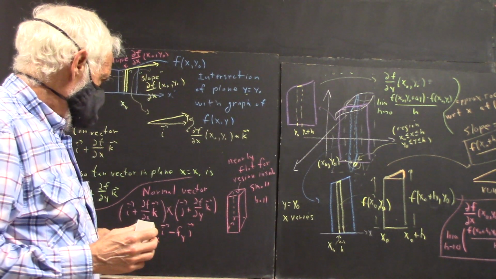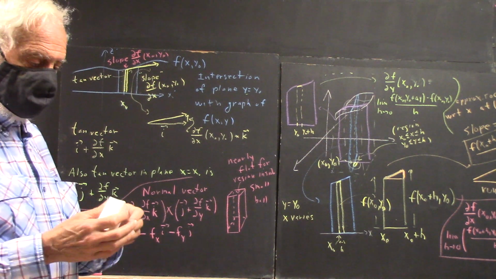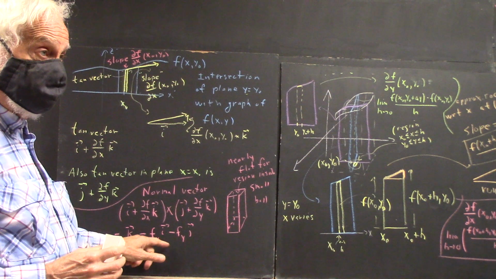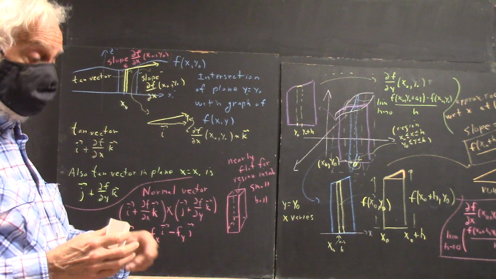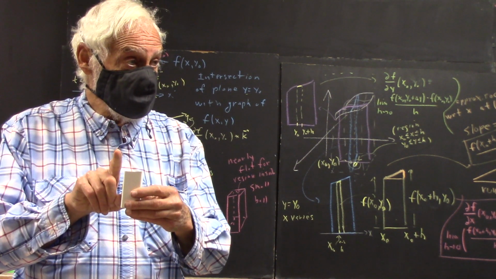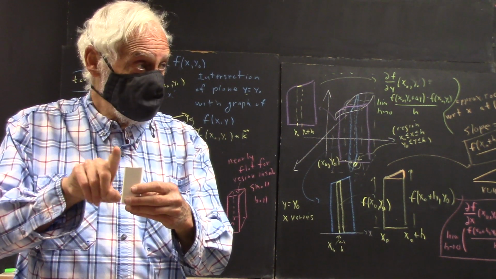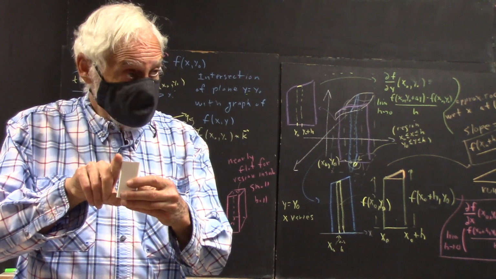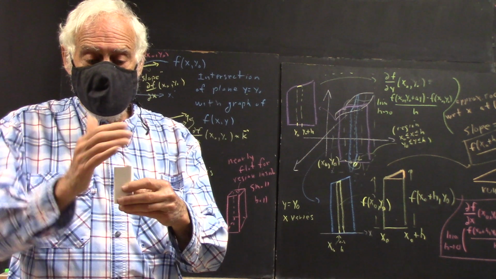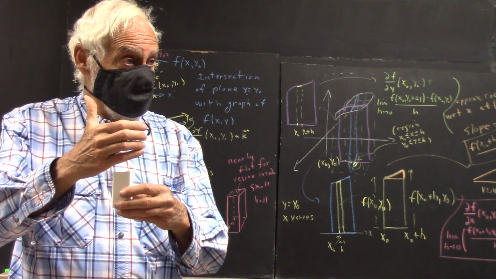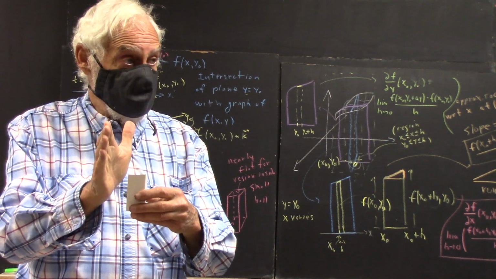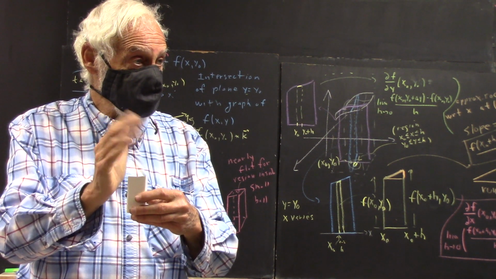Now you have a normal vector equal to k, of course, which is this way, and then a minus fx times I. Well, the steeper this thing is here, the bigger fx is. Fx is the steepness of this vector, the slope of this segment here. The steeper that is, the more it tilts your normal vector back this way. Because as this vector gets steeper, what happens to your thumb? It goes back this way, of course.